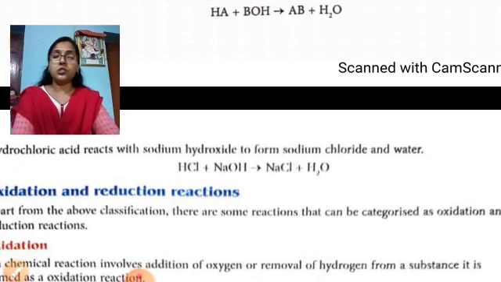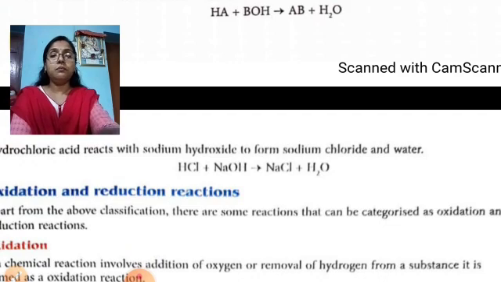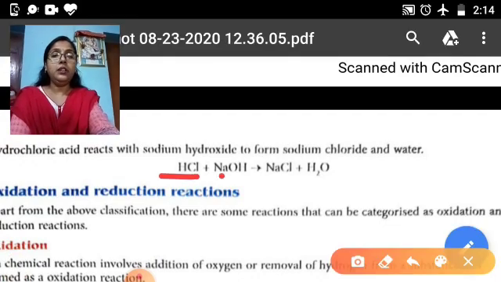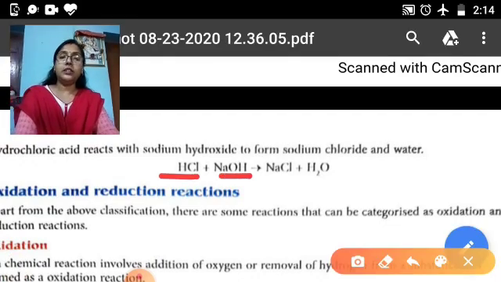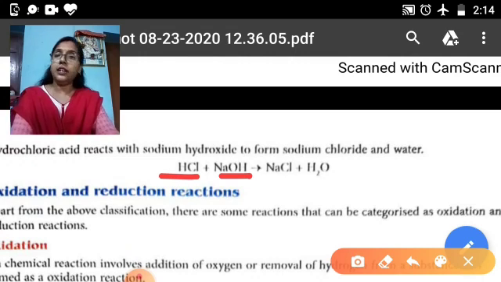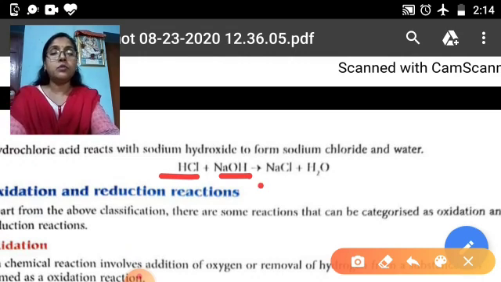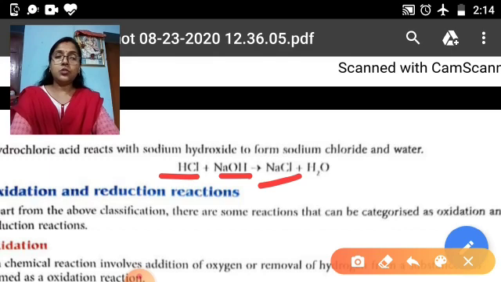Hydrochloric acid, that is a strong acid, reacts with sodium hydroxide, that is a strong base. When they combine, they will neutralize each other and exchange their ions, exchange their elements, and then they will form sodium chloride. So sodium chloride is formed and also water is released. Sodium chloride is a salt. So that is about the neutralization reactions.